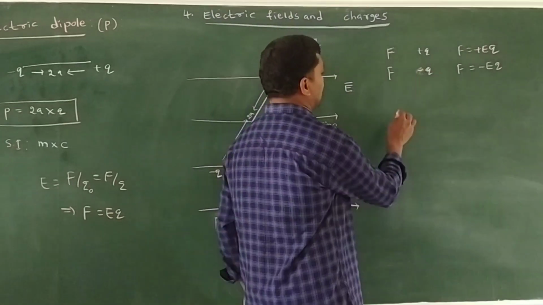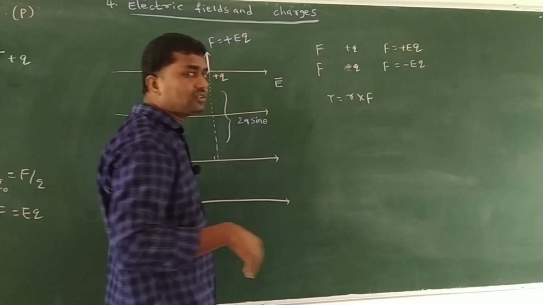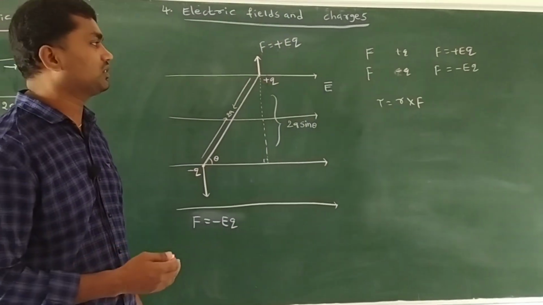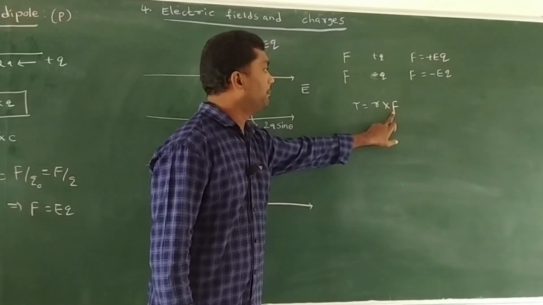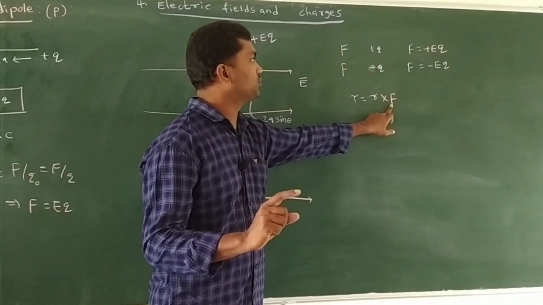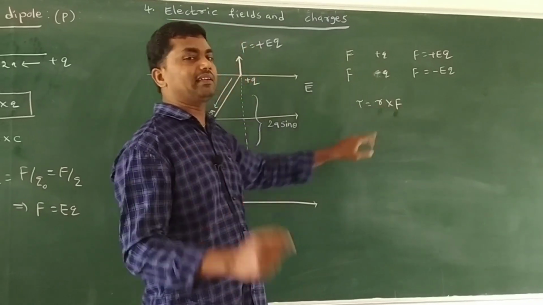The produced torque is equal to R cross F, where F is the magnitude of the force on the plus q charge and also the minus q charge, and R is the perpendicular distance.